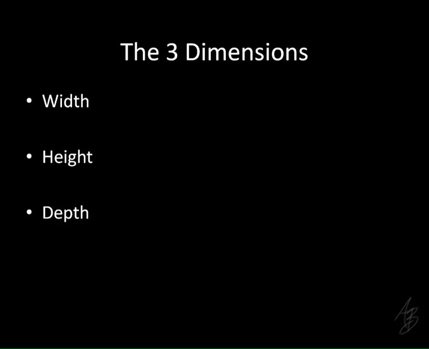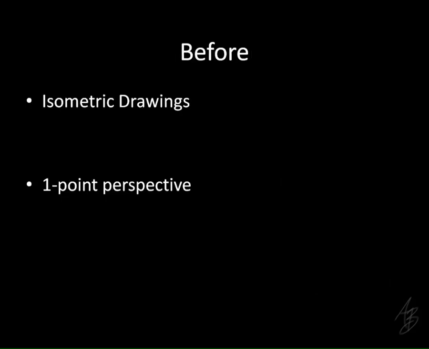So in my drawings over there, the drawing that you just did, anything that's going the depth of your chessboard is going to be going to the vanishing point. In that particular picture, you're not going to have any vertical lines because the chessboard isn't going to have a height. Okay? So what we've done so far are isometric drawings and 1 point perspective.